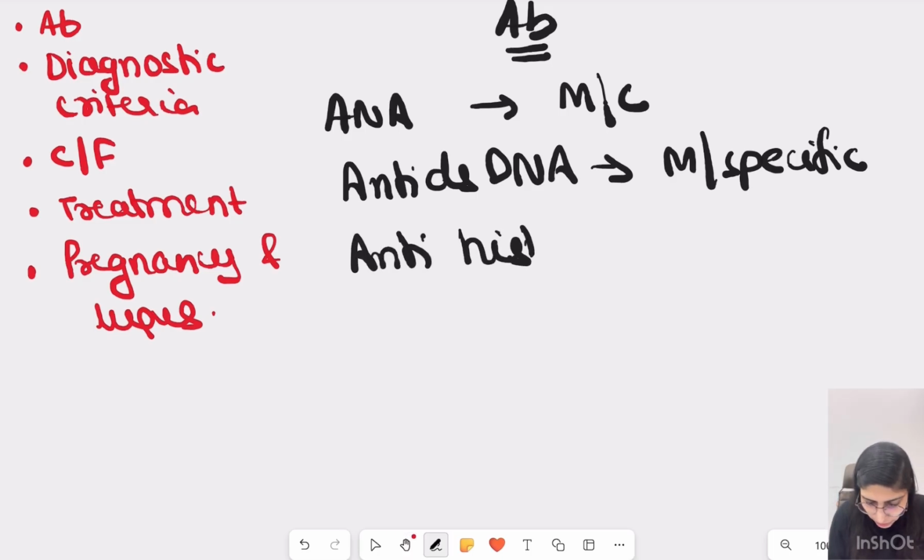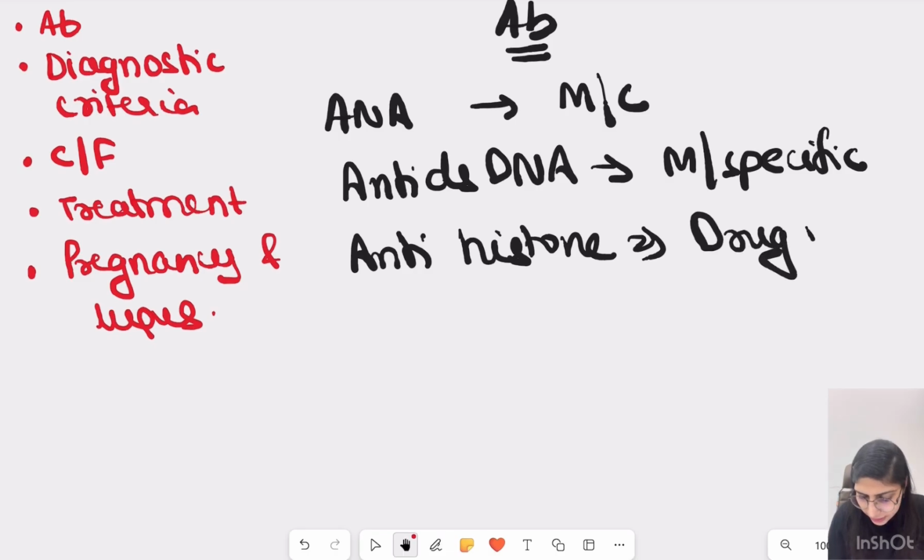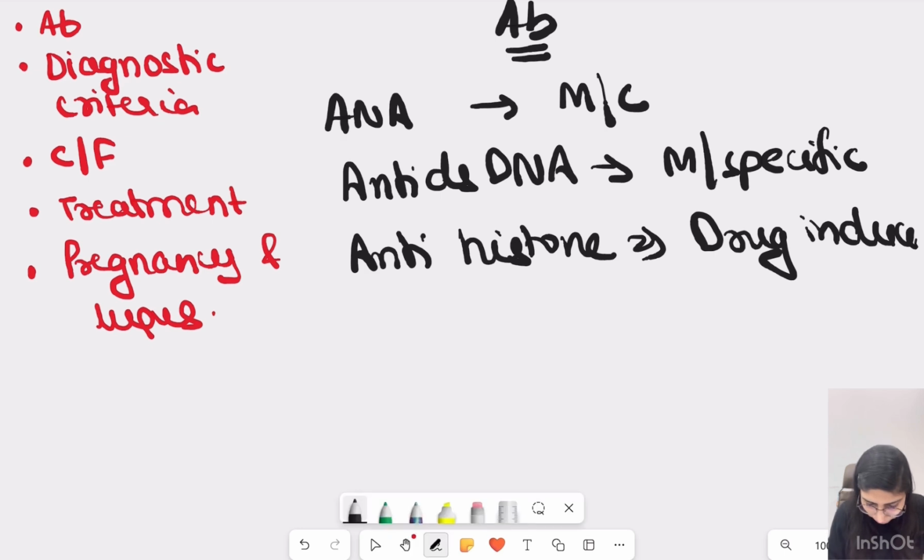Then drug-induced lupus is also one entity that you should be aware of, and we have antihistone antibodies in that. Now, what are the drugs that can lead to this?